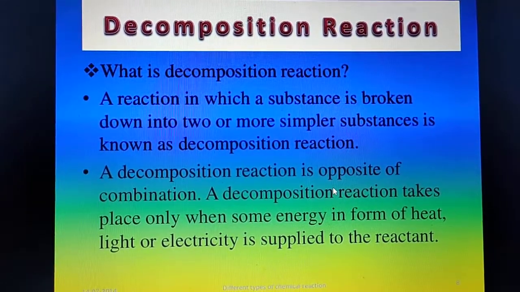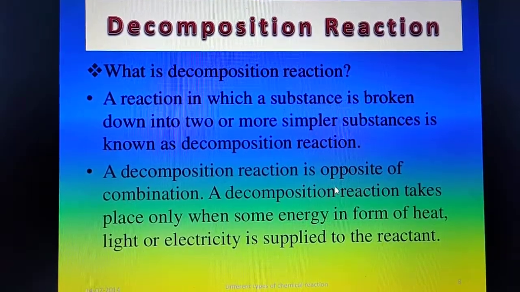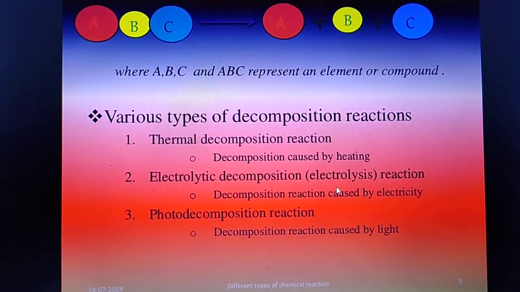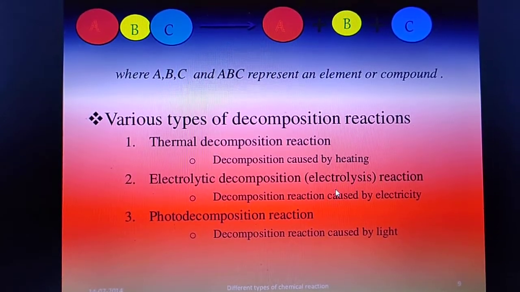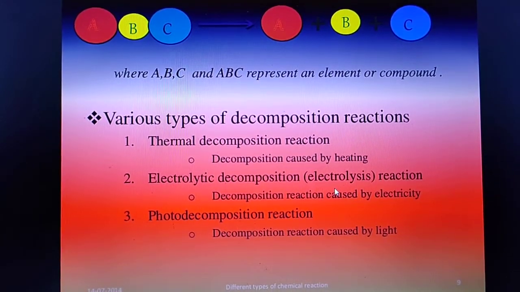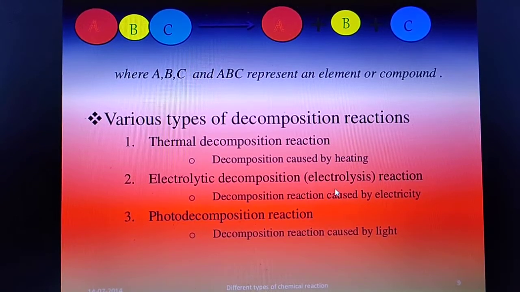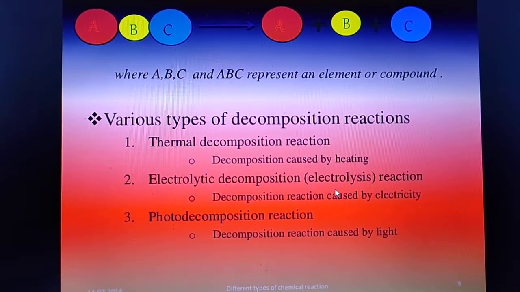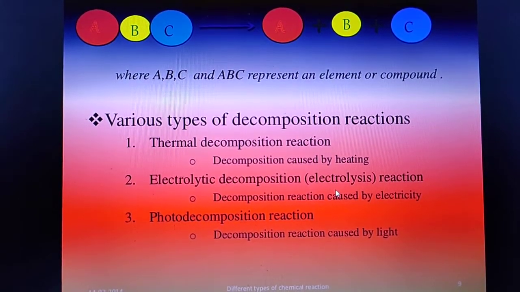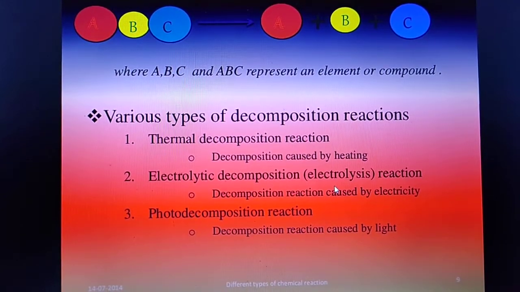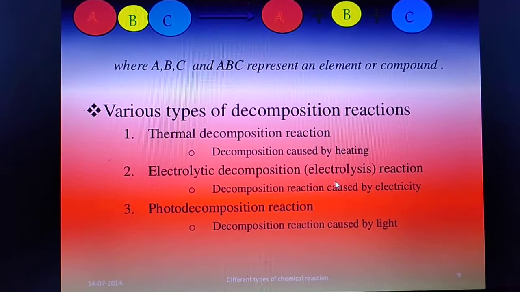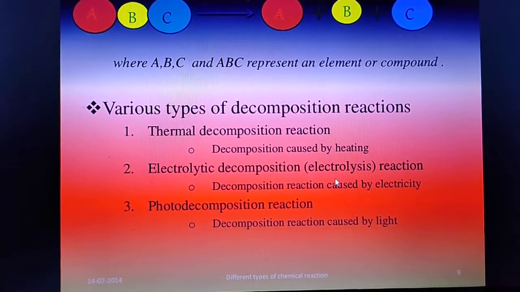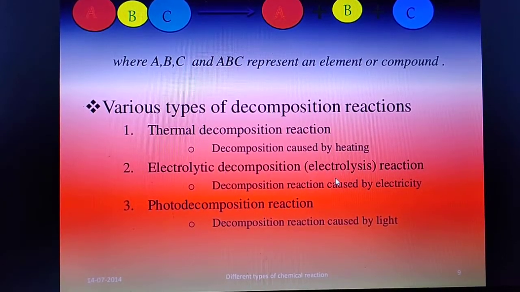Now let's say decomposition reaction. Decomposition is just opposite to combination. You see there A plus B plus C combine to form a new substance, that is ABC. Here ABC is a compound, and if you supply heat to it, or electricity, or light, it will decompose and break down into three substances, that is A plus B plus C. I am showing you an example.